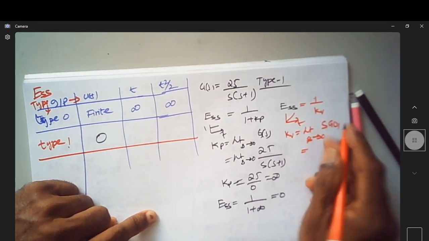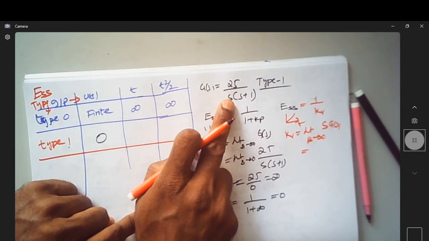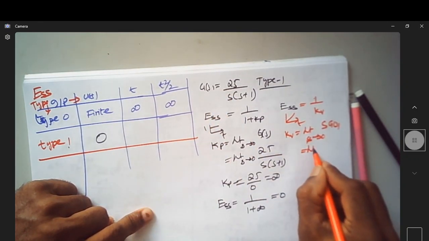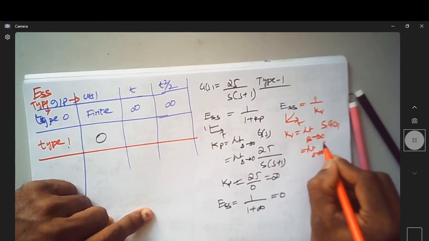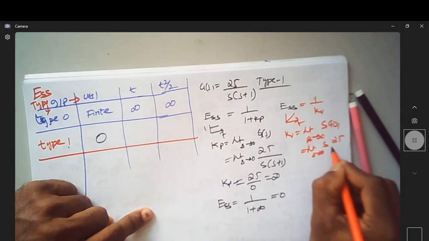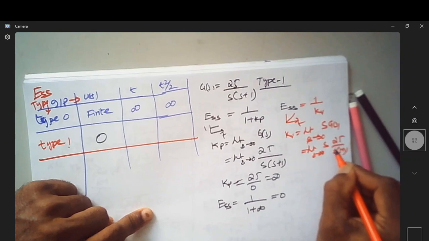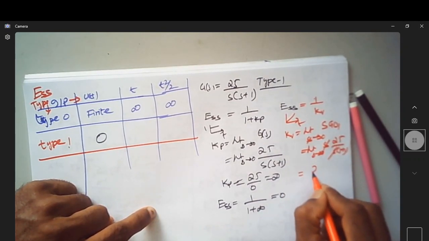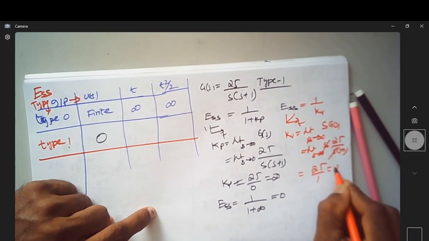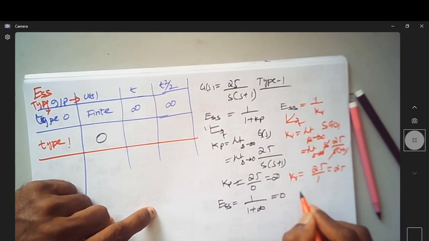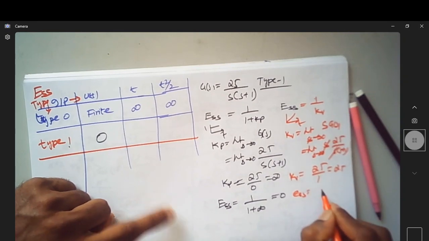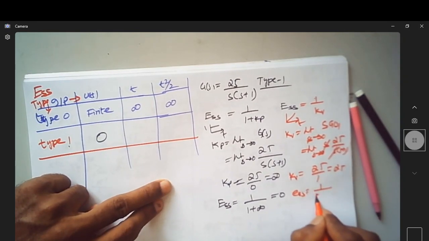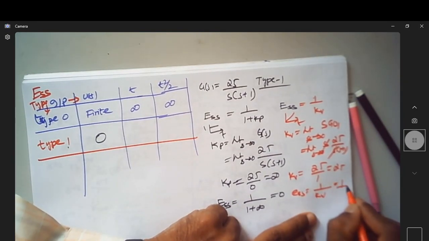So let us take the example of GFS as this type 1 system. So is it not limit of s tending to 0, s into 25 by s into s plus 1? Does this s not cancel with this? So if I apply the limit, is it not 25 by 1? Is it not 25? Is this not my kV? So what is ESS? ESS is 1 over kV. Is it not 1 over 25?